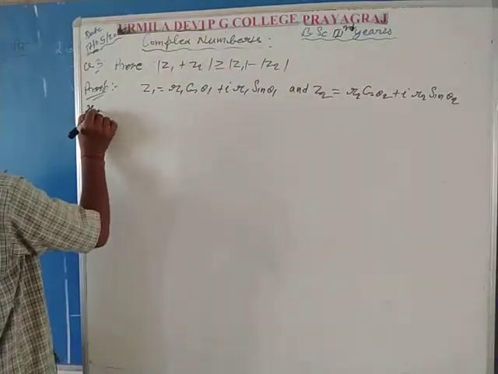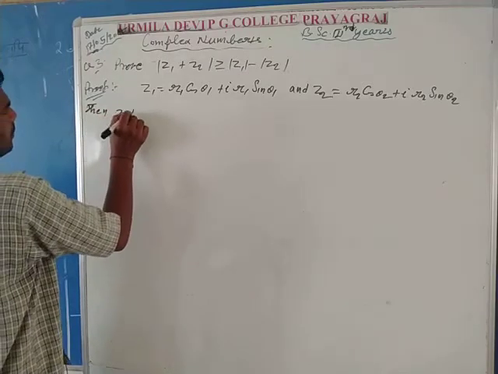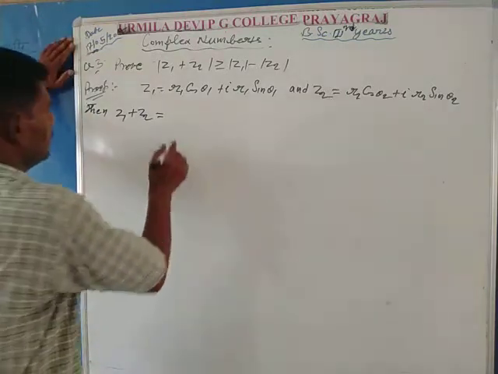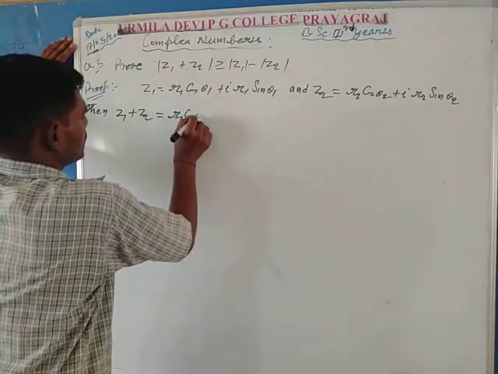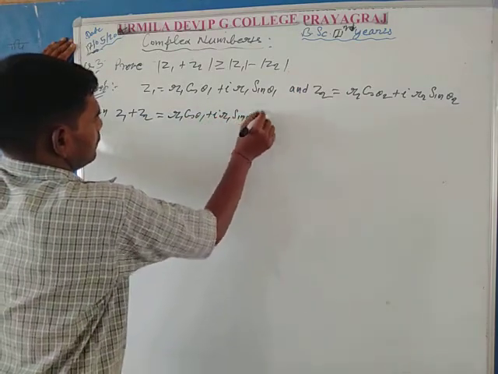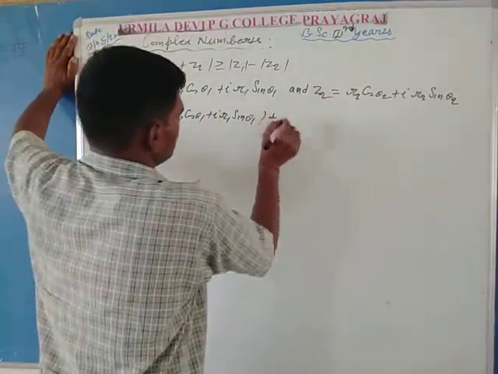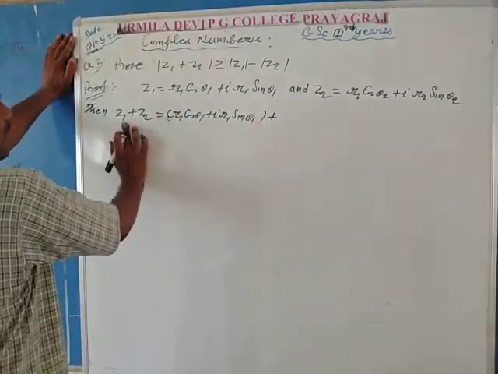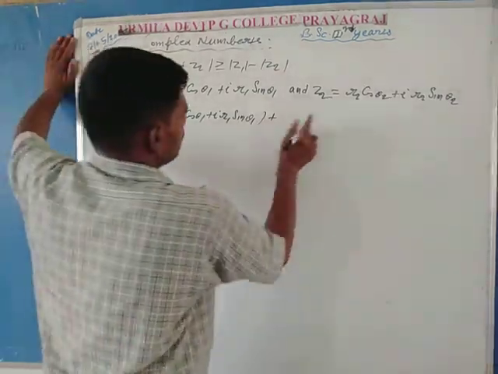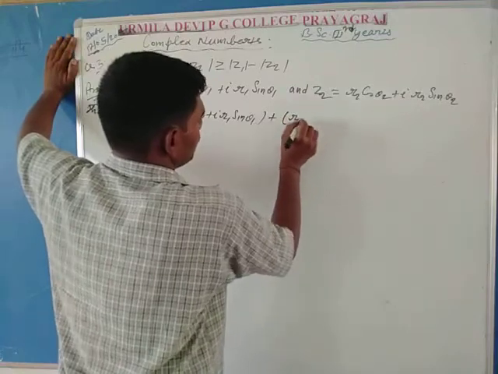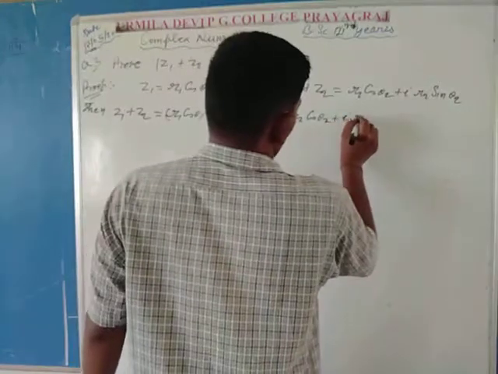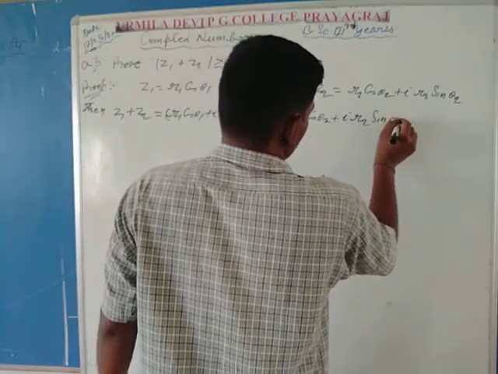So z1 + z2 is equal to, putting the value of z1 = r1 cos θ1 + i·r1 sin θ1, plus z2 = r2 cos θ2 + i·r2 sin θ2.